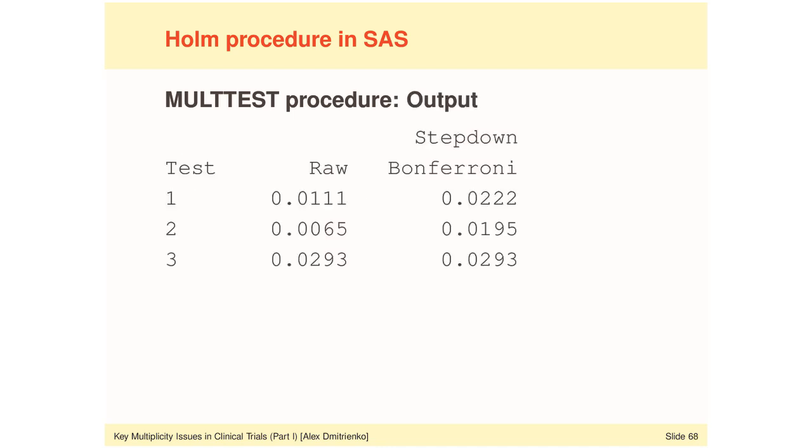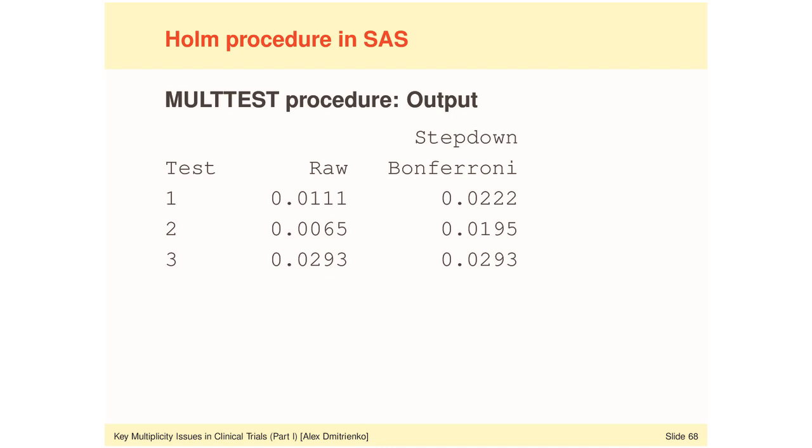But first, let us quickly review the output produced by PROC MULTTEST. This output shows us the test IDs 1, 2, 3. These are the indices of the corresponding null hypotheses in the type 2 diabetes trial. We see a column that shows the raw p-values, and on the right hand side we see a column with the multiplicity adjusted p-values based on the Holm procedure.